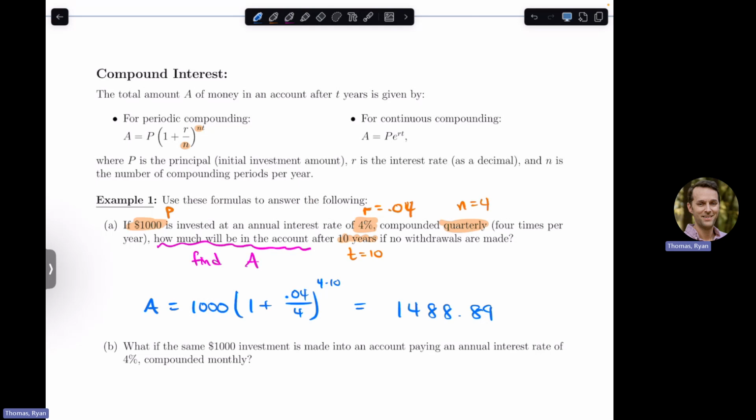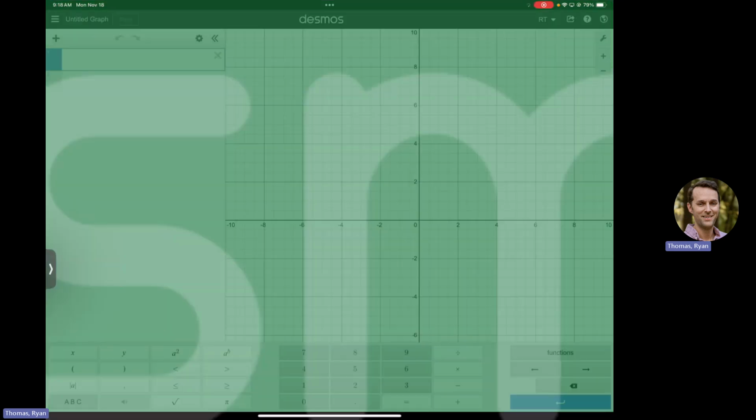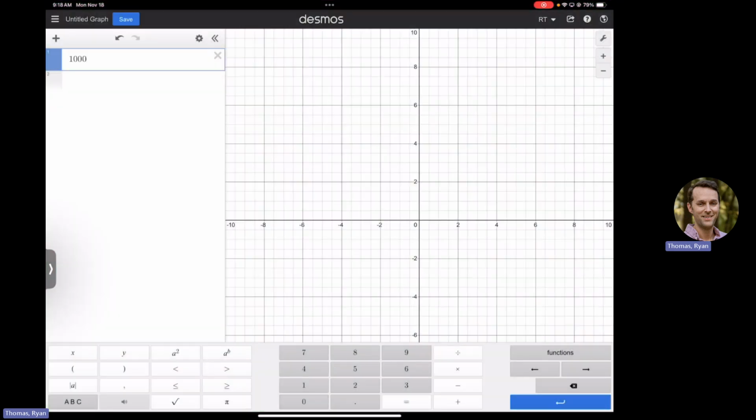I hear that some people don't agree, at least. Let's see. 1,000 times 1 plus 0.04 over 4. Basically, you can just enter this all in line in most calculators. Up to the exponent is where things maybe get dicey a little bit, right? N was 4, T was 10.